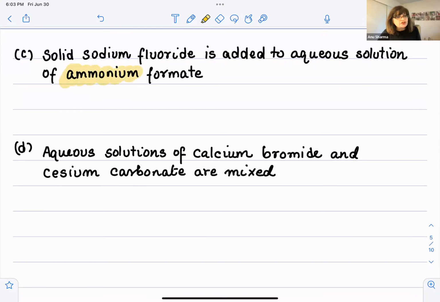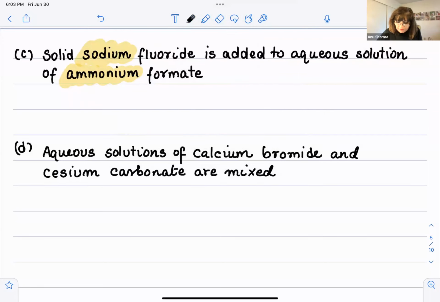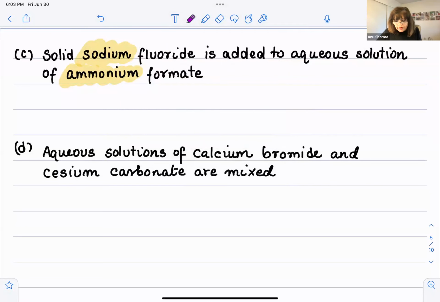Anytime ammonium attaches to anything, soluble. Anytime sodium attaches to anything, soluble. Even though sodium is going to combine with formate, and then ammonium is going to combine with fluoride, in that case sodium formate and ammonium fluoride are soluble because sodium and ammonium are present.